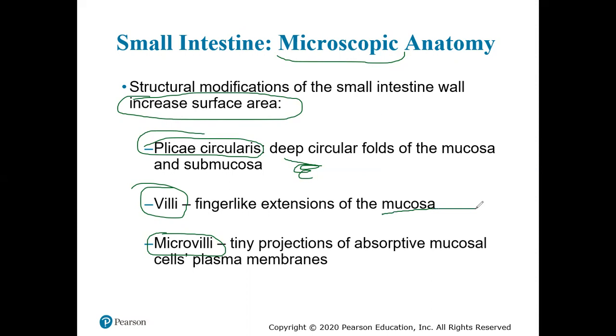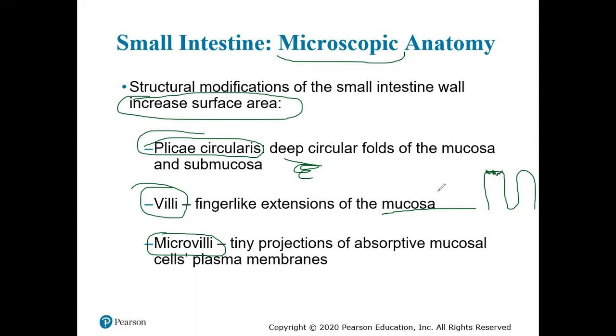So this is going to be the arrangement of the mucosa. From these villi are microvilli, and microvilli are created by actin fibers that link together underneath the plasma membrane to make this fuzzy brush border that increases surface area.